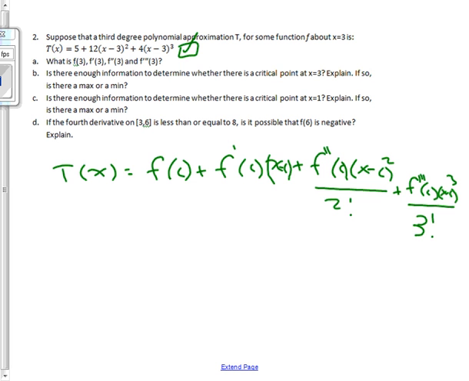So we know all that. Then we just need to identify that this is a Taylor approximation about x equals 3. We're trying to find these values.